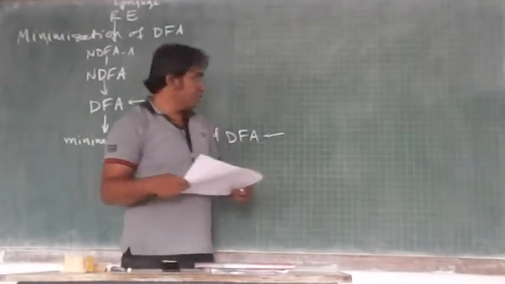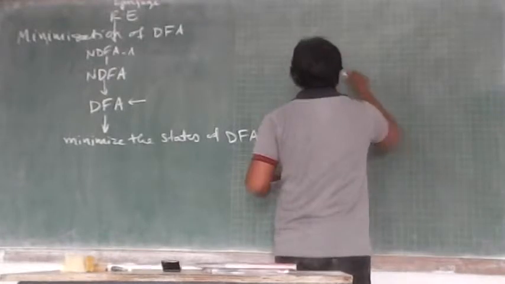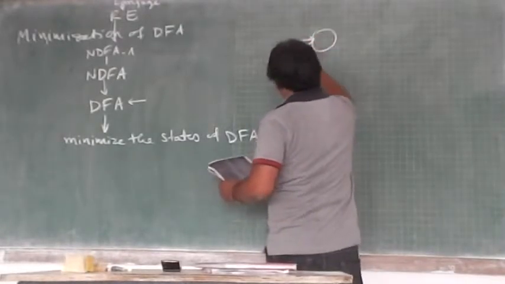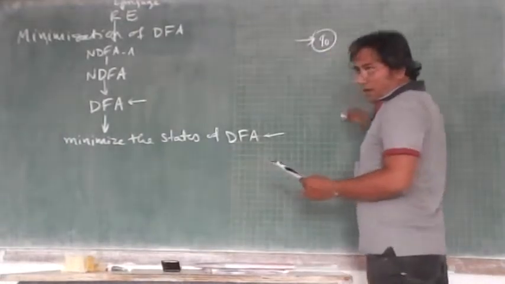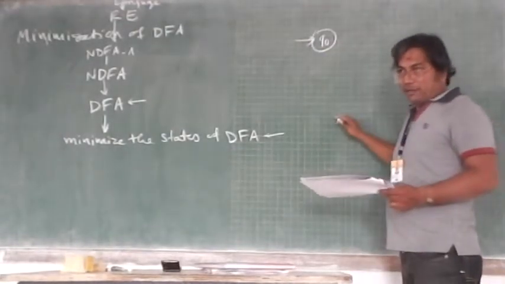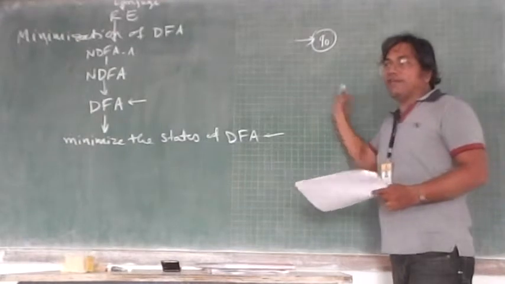This is the book content. I will draw the finite automata. You please draw it, because the finite automata I am drawing here, that is the one I am really going to minimize.